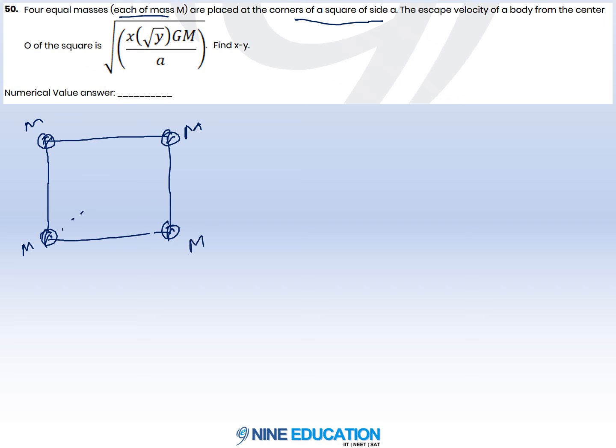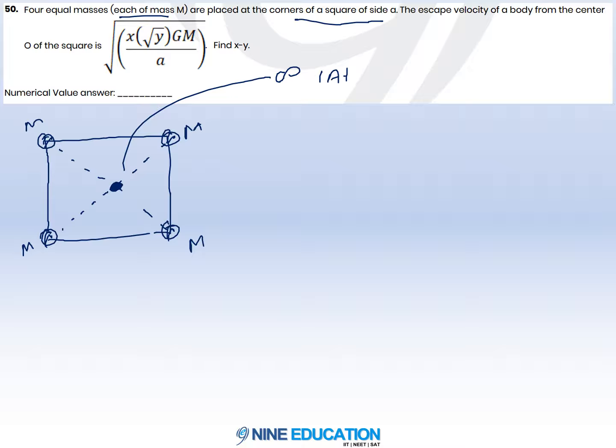If any mass M is placed at the center, we have to find escape velocity from here. And how we can find escape velocity? Escape velocity means we have to give minimum kinetic energy which can take this particle to infinity.